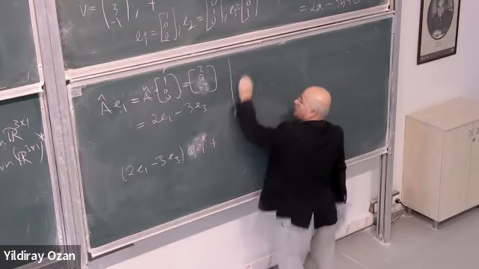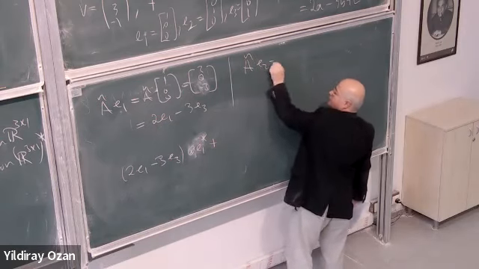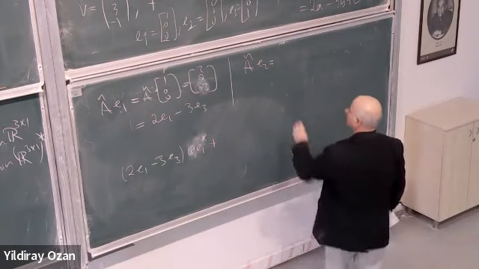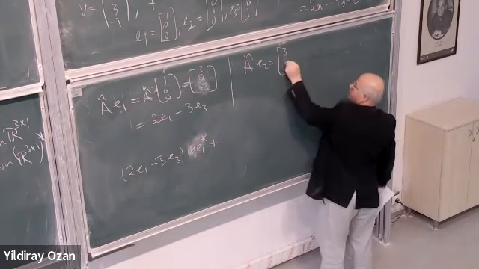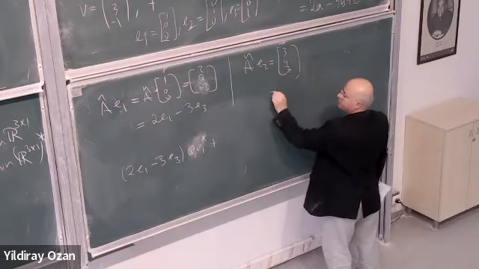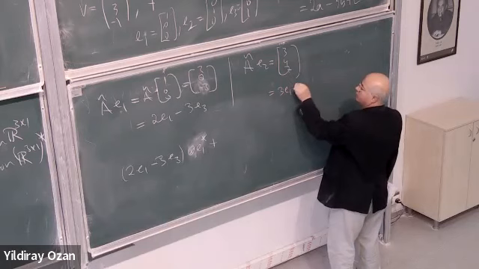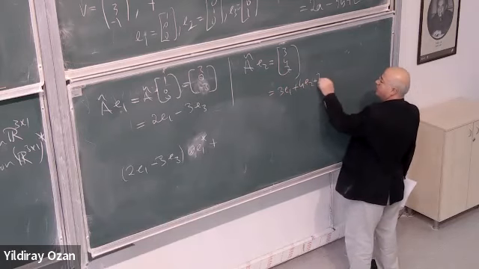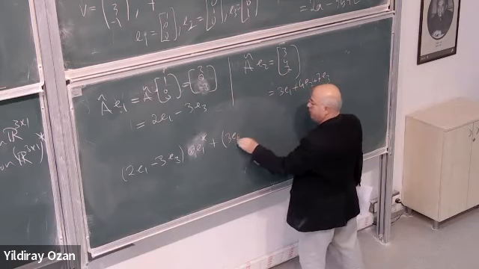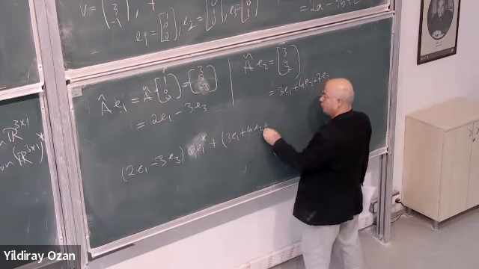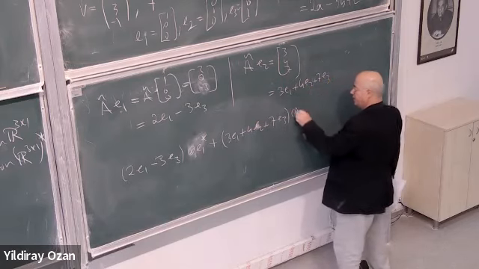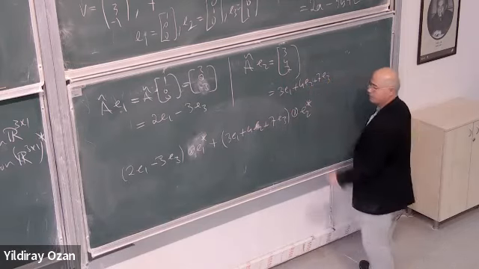Okay. Plus A hat E2. What is this? This is the second row, 3, 4, 7. So it is just 3 times E1, 4 times E2, 7 times E3. So 3 E1 plus 4 E2 plus 7 E3, and E2 star.